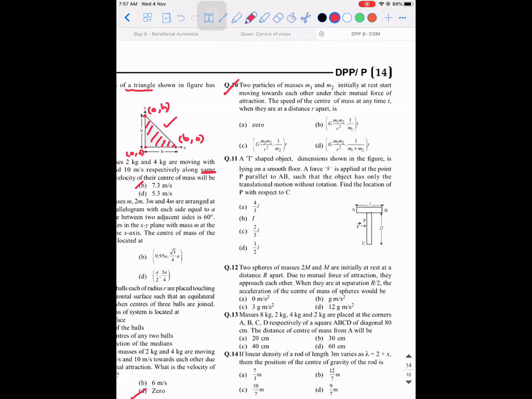So 2 particles of masses m1 and m2, initially at rest, start moving towards each other under their mutual force of attraction. The speed of the center of mass at any time t, when they are at a distance r apart. So how do we approach?